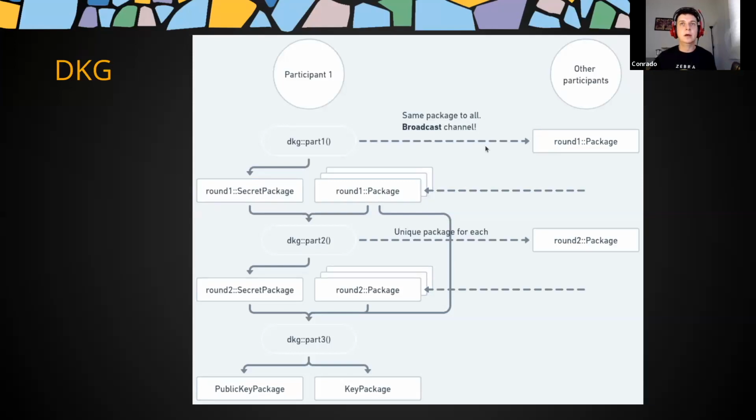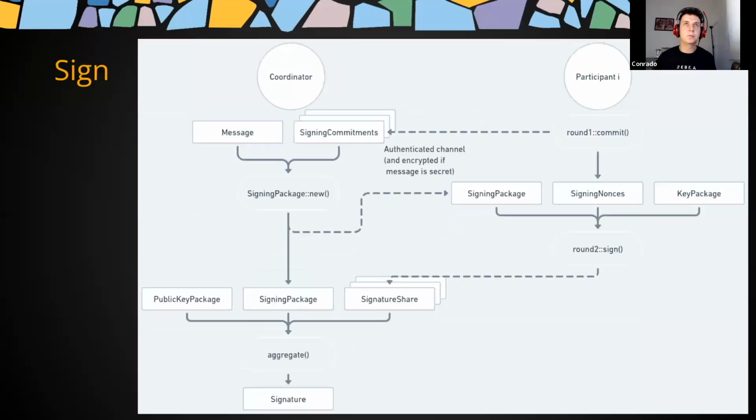They will receive the packages from the other participants, and with their own secret package, they call part two, which again produces a bunch of packages that are sent to all the other participants. You receive a bunch of packages back, and you call part three, and finally you get your own key package and the public key package, which is the same for all participants. There are some requirements for the communications, and I'll talk about that soon.